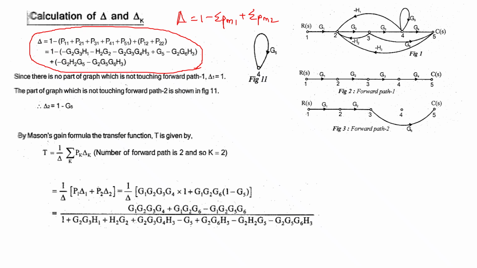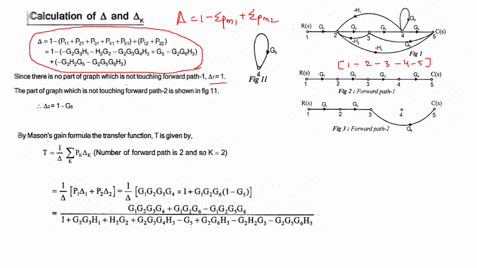What is delta 1? Check whether the forward path touches all the individual loops. The first forward path node equation is 1, 2, 3, 4, and 5. All the loops touch the first forward path, meaning they have at least one common node. So delta 1 is 1.